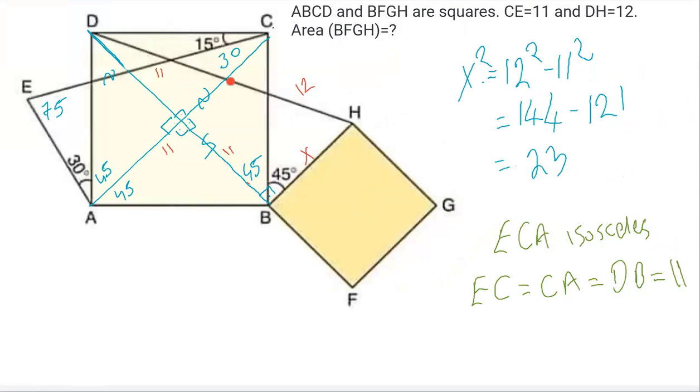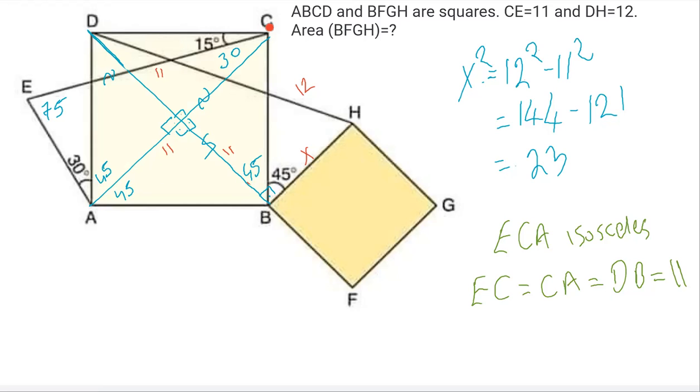Okay, in this question, what is given is CE, this is 11, and TH, this is 12. At first, it seems they don't have much relation, but in this kind of question, especially when you have a square, remember to draw diagonals.